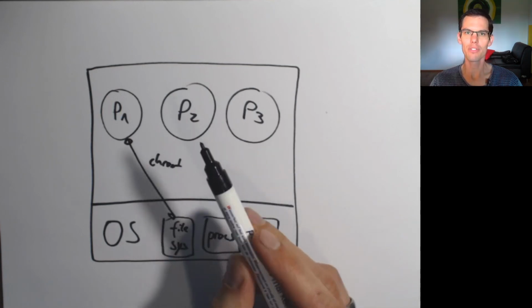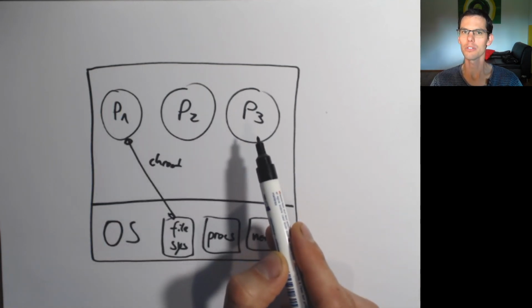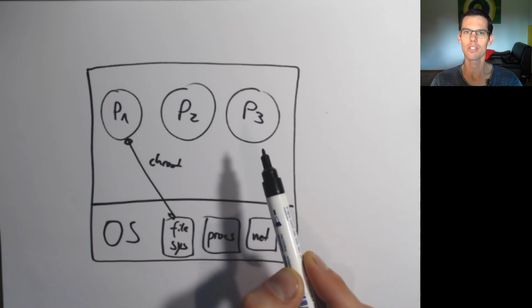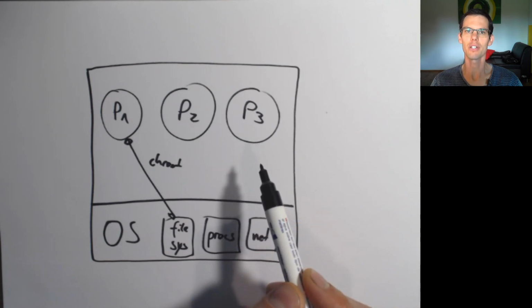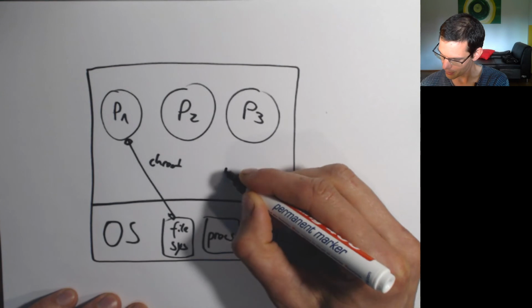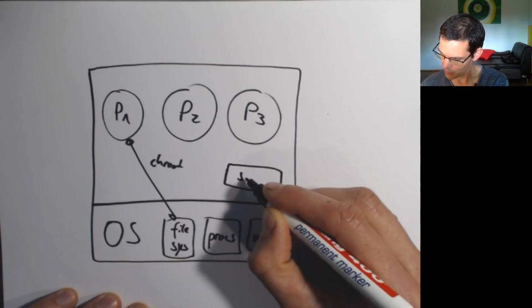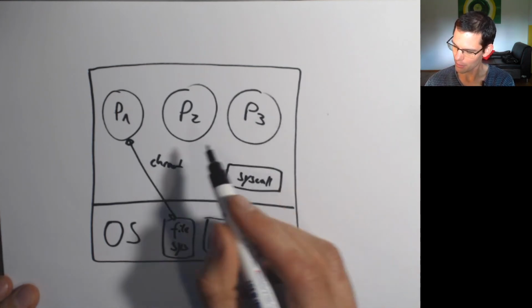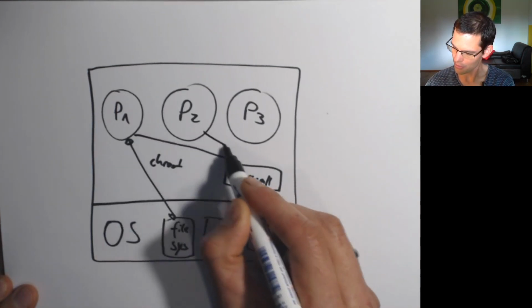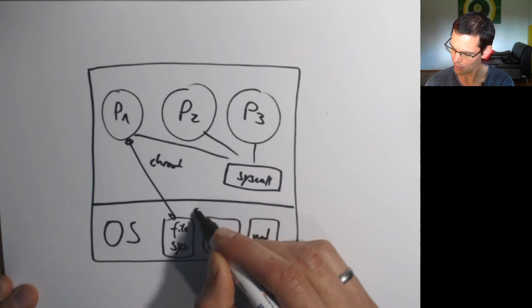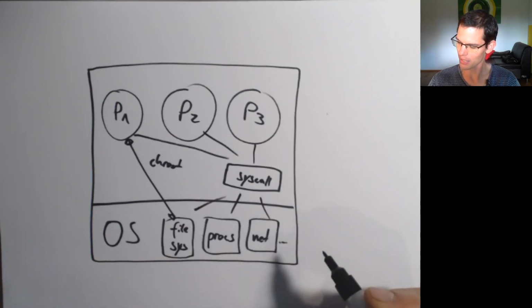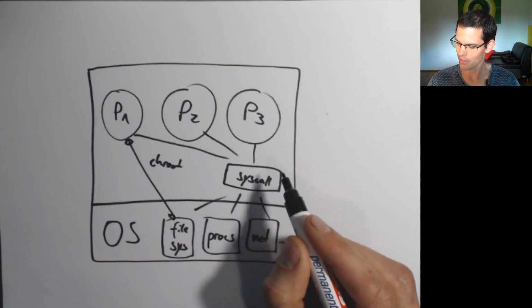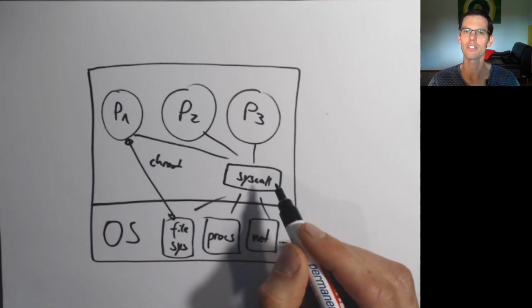Imagine that if these processes P1 to P3 want to perform any sensitive operation, they have to go through the operating system anyway, which we learned before is done by the system call handler. So we're going to add our syscall interface to the picture, and whenever a process goes through this system call interface to do any operation with the operating system, we can add more mechanisms that check whether or not the operation is actually allowed.